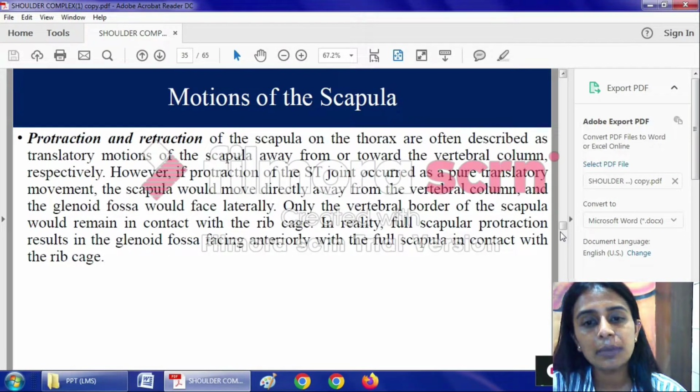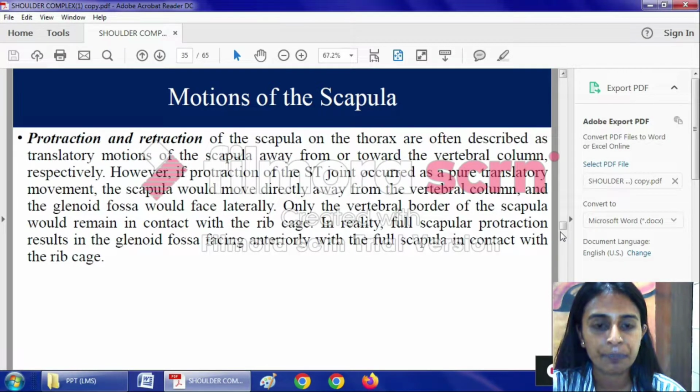Only the vertebral border of the scapula would remain in contact with the rib cage. In reality, full scapular protraction results in the glenoid fossa facing anteriorly with the full scapula in contact with the rib cage.